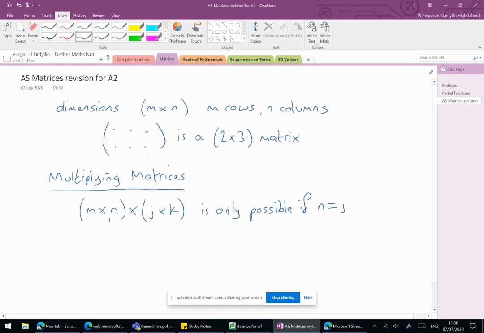So we have to have the same number of columns in the first matrix as the number of rows in the second matrix.